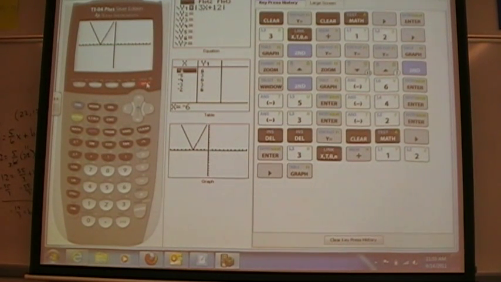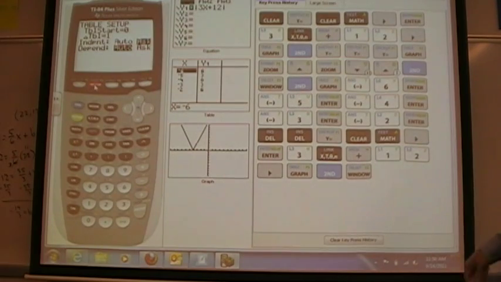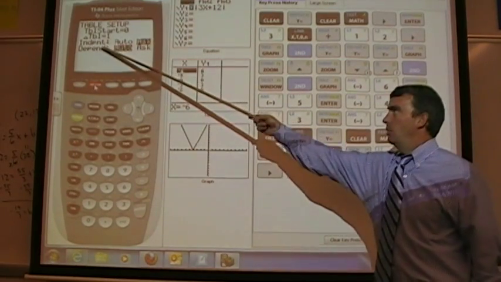Now, another thing you can do is get the table of values. So hit second window. And you should get this to pop up. The only thing that you need to make sure of on your calculator that we'll need for the entire class this year is that we want our independent variable on ask.